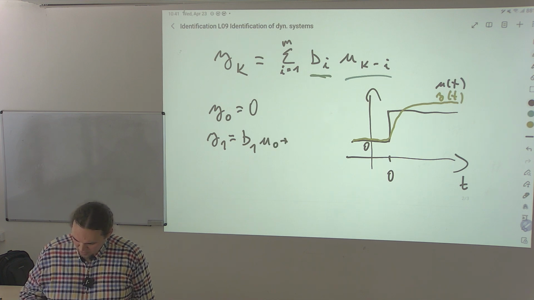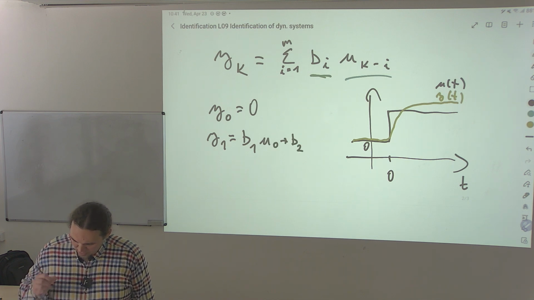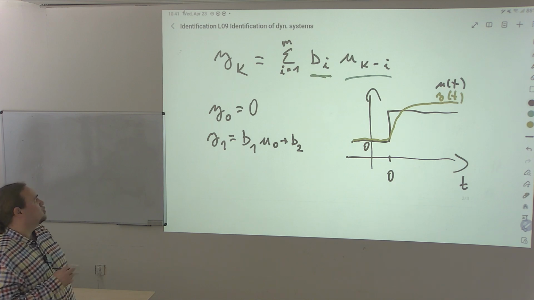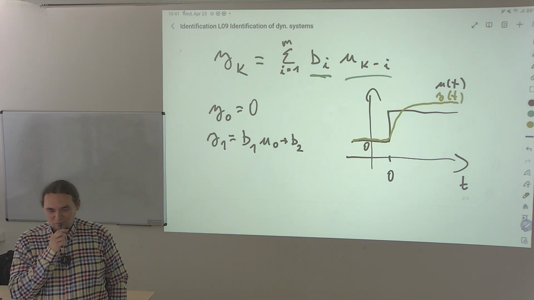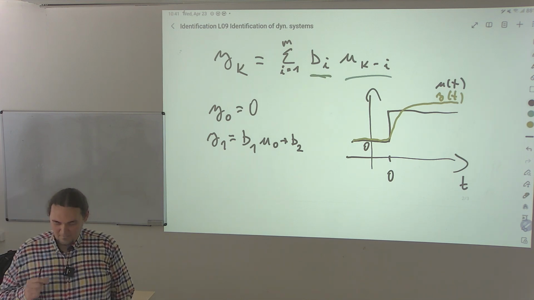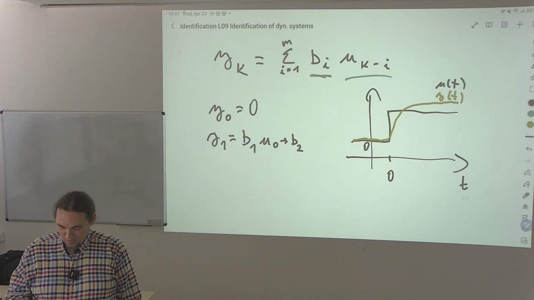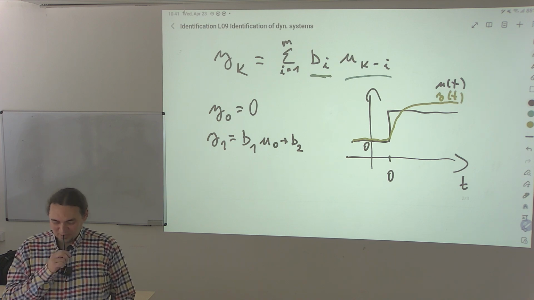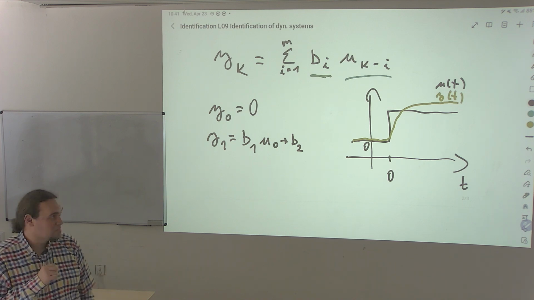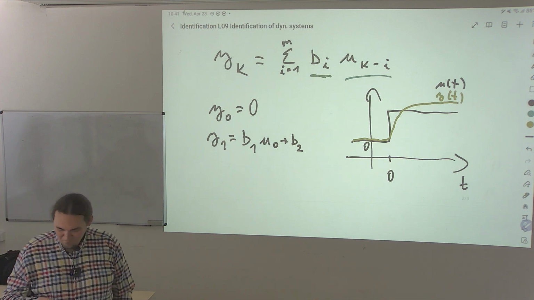What can we write for b2? What kind of index will the u have? -1.